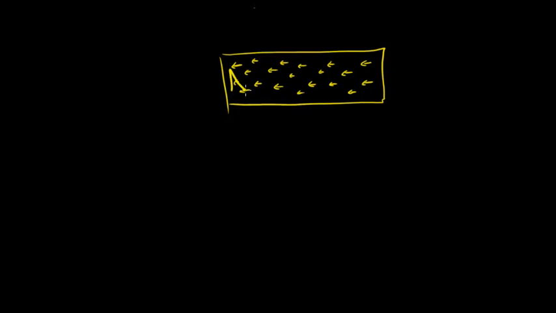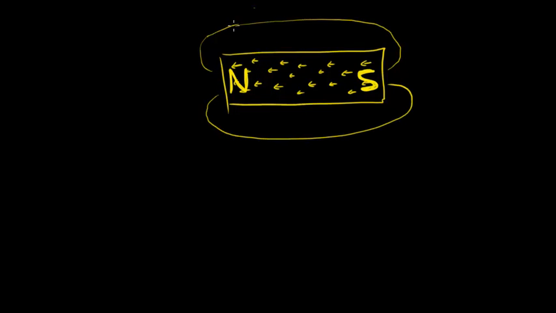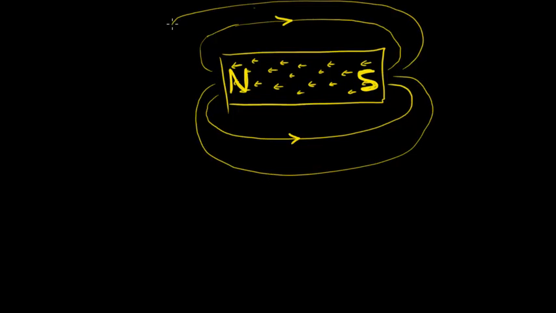So we end up with a north pole here and a south pole here. And that creates a magnetic field which we can indicate by drawing magnetic field lines which always go from the north pole to the south pole. Like so.